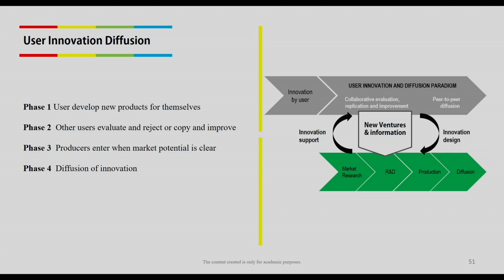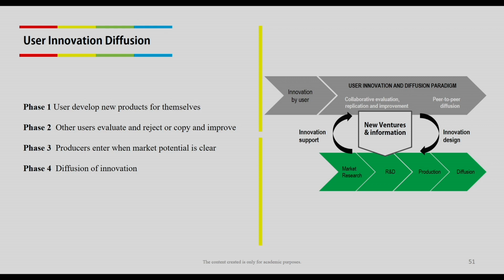Then the manufacturer will make a new venture and the lead user will come on board, and the manufacturer will help them in terms of innovation support, and they will get an innovation design in the market. So, that is the diffusion of user innovation. Most of the time users do not have expertise in engineering.